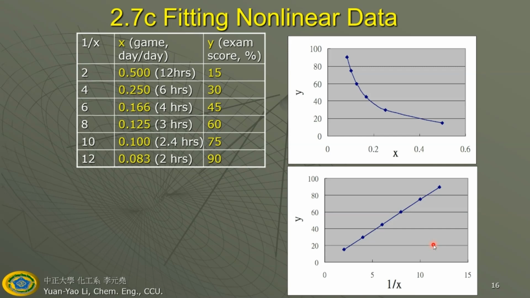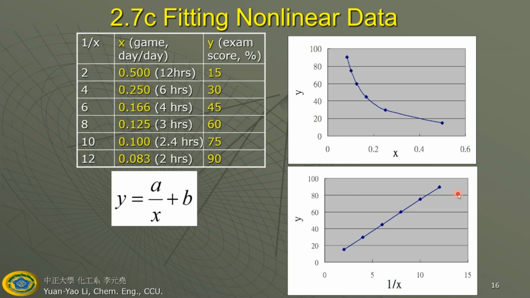Can you do that? Of course you can, right? So if you use this equation, I ask you, if you want to get a score of 90, how many hours do you play game? Can you do that? This is the equation you now need to know: y equals a times 1/x plus b.